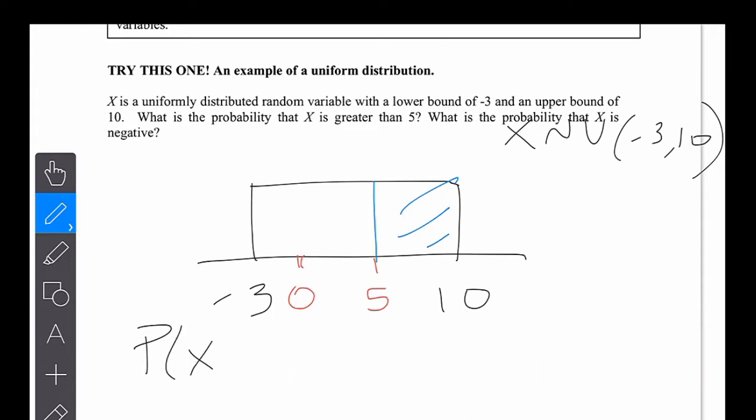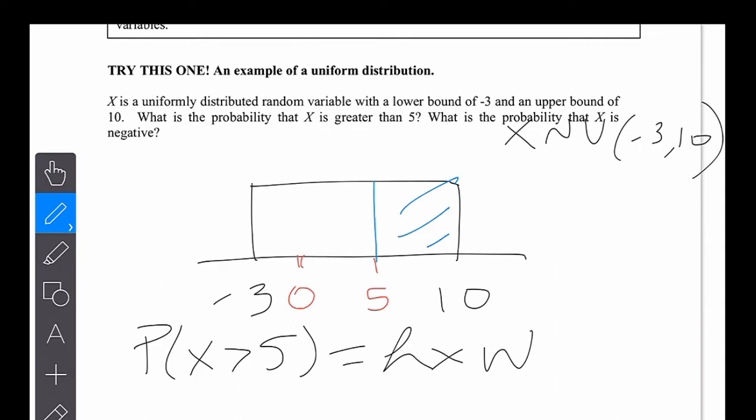Always happy with the drawings. The probability is, because it's just a rectangle, going to be height times width, just that area.